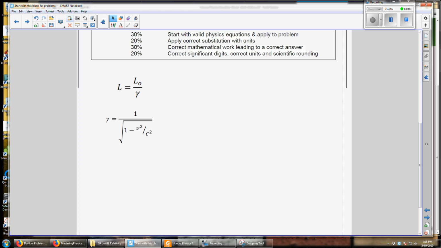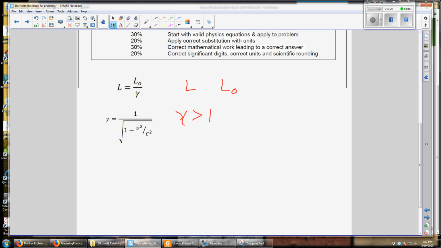From doing the example problems, recall that gamma is always greater than 1. Therefore, what's the relationship between L and L naught? L is larger than L naught? Well, let's try that.